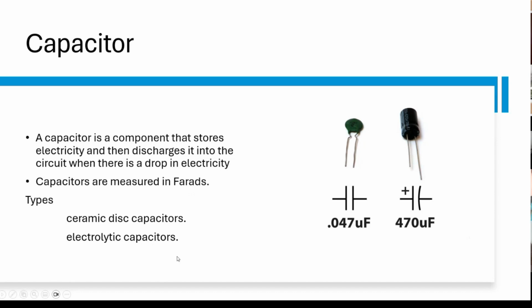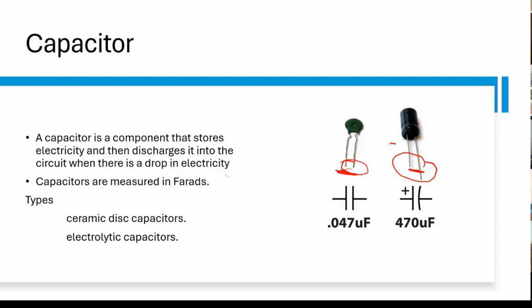These are the 2 types of capacitors that you see. One is the ceramic disc capacitor, that is this one, and the other one is the electrolytic capacitor. This ceramic one has no polarity, whereas this has a polarity. Polarity means it will have a minus symbol. You can see the minus symbol on the cover of this cylindrical capacitor.